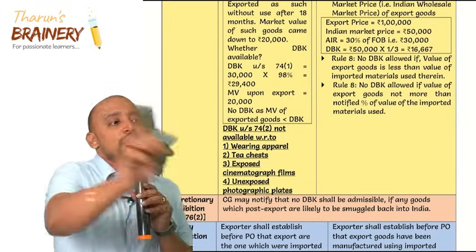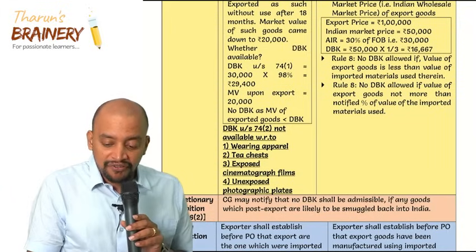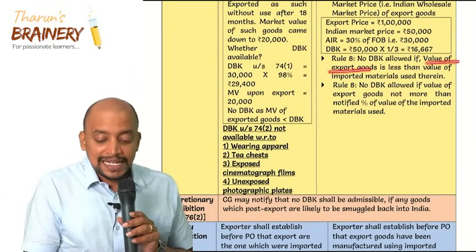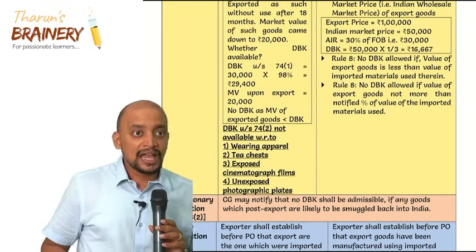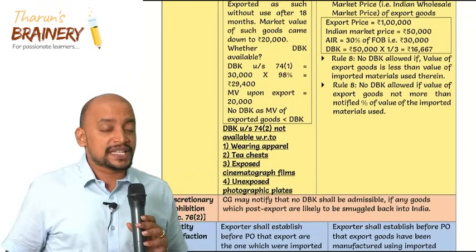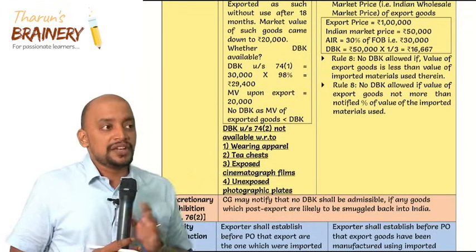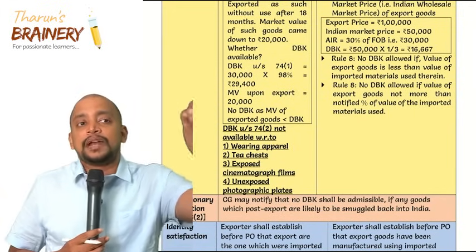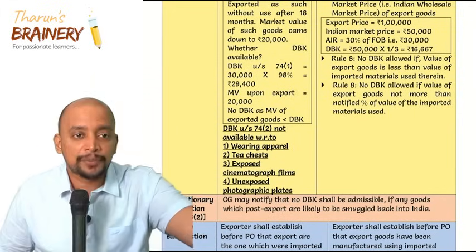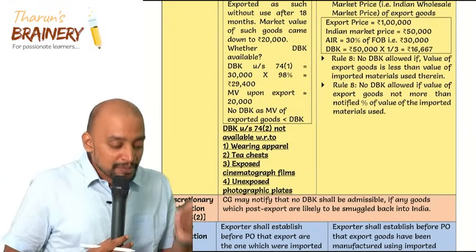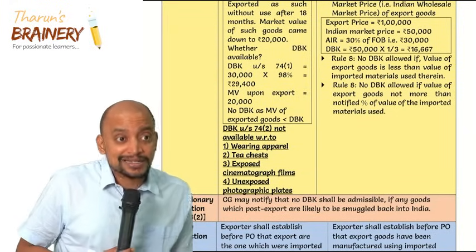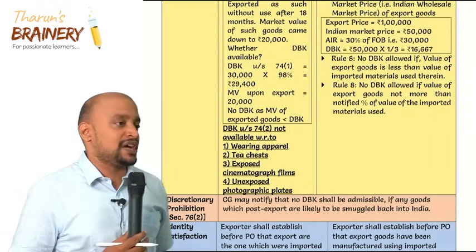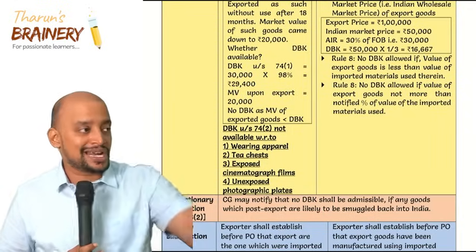You will not get duty drawback if the value of export goods is less than the value of imported materials used therein. And suppose they have specified any value addition, if they are telling you need to achieve 10%, or 15%, like that, value addition means your export value should be 15% more than the import value or 10% more than the import value.